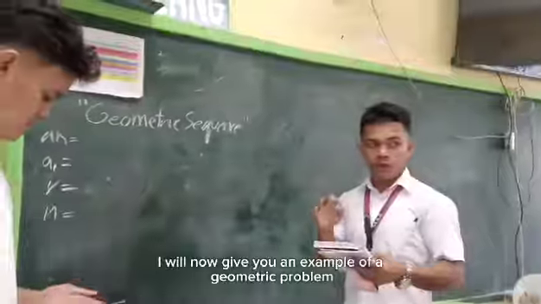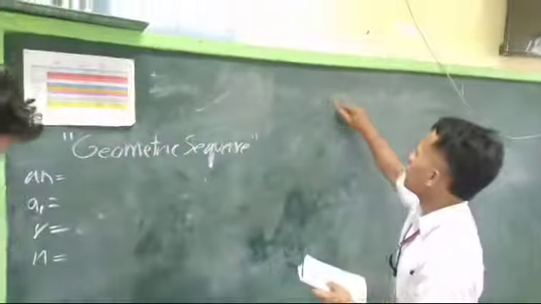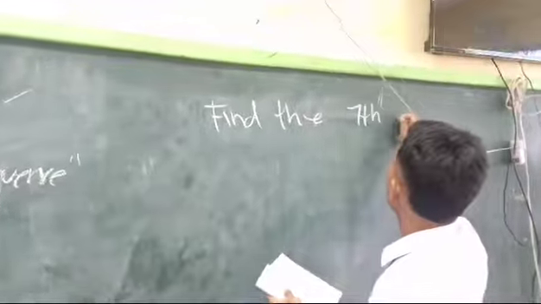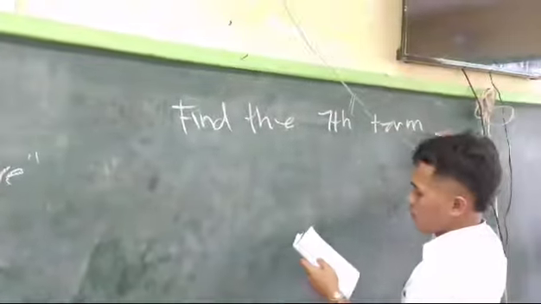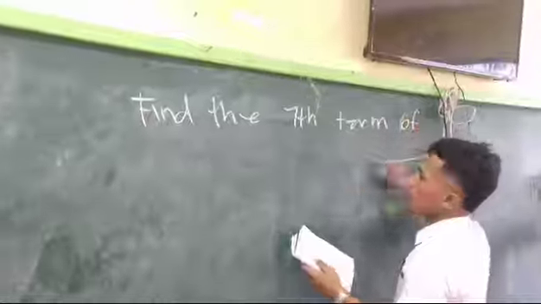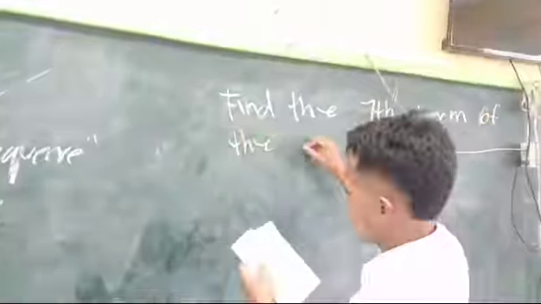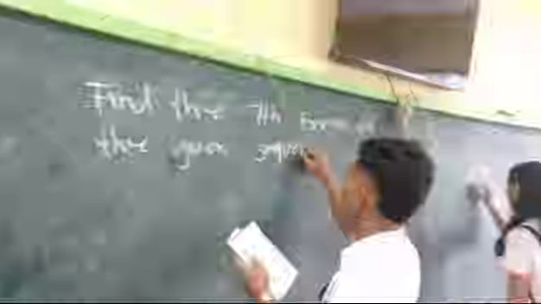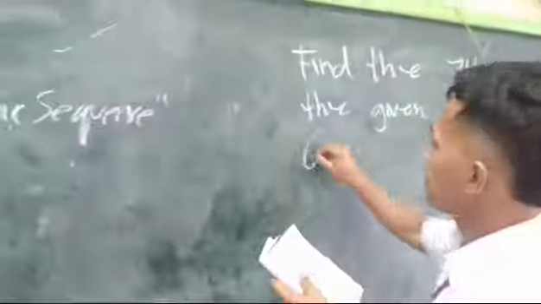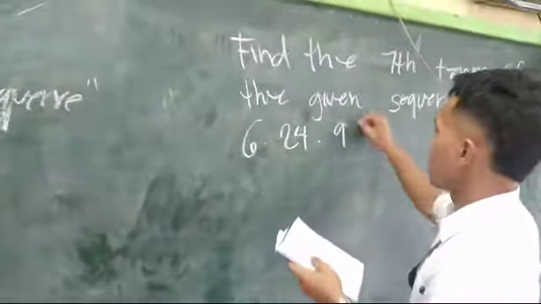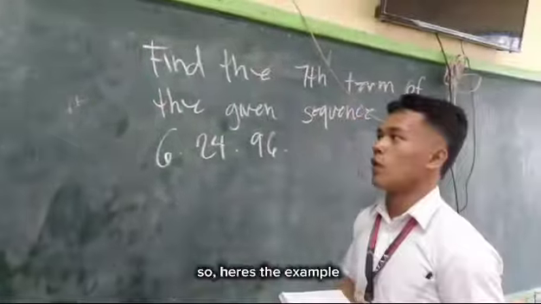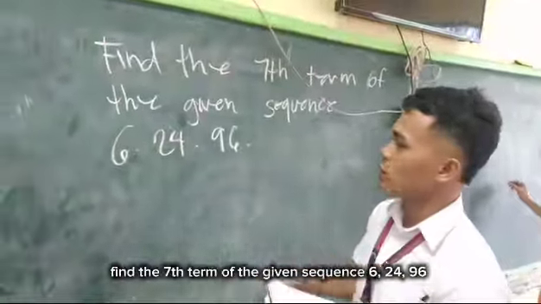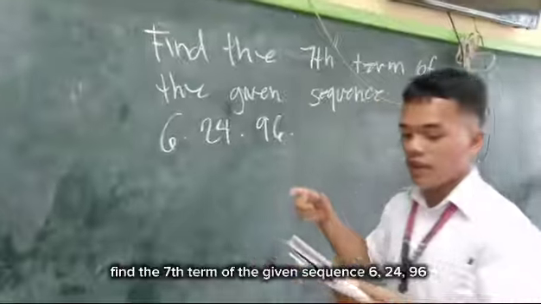Here is a good example of a geometric problem. Find the seventh term of the given sequence, which is 6, 24, and 96.